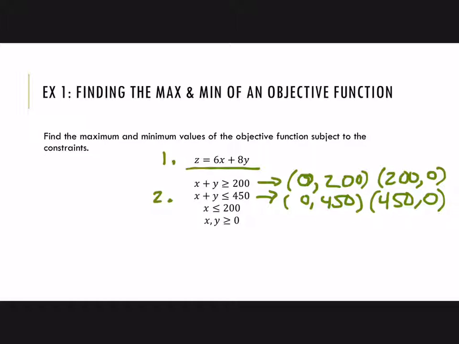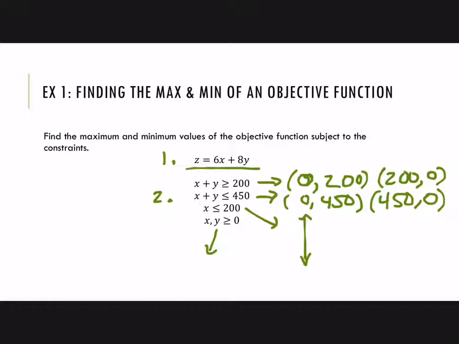Okay, and then x is less than or equal to 200. Well, the line x equals 200 is a vertical line through 200 on the x-axis. And then these constraints will typically show up in a problem because your variables will be things that can't be negative numbers. If we're talking about units of a product that's being made, or how many tickets are being sold, these would need to be either positive or equal to 0.